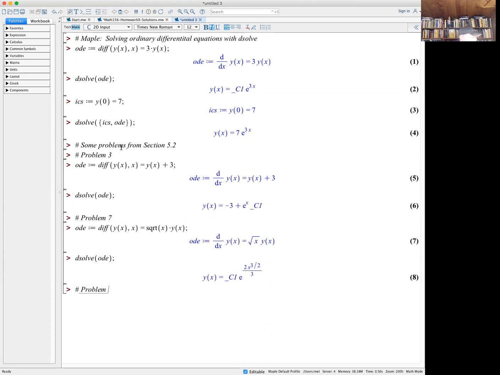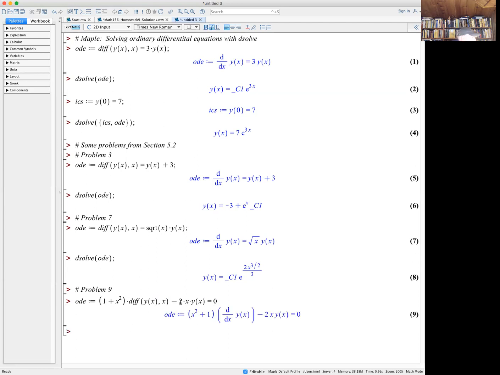What about problem 9? This looks more complicated. So here, the ordinary differential equation is 1 plus x squared times the derivative of y minus 2 times x times y of x equals 0.